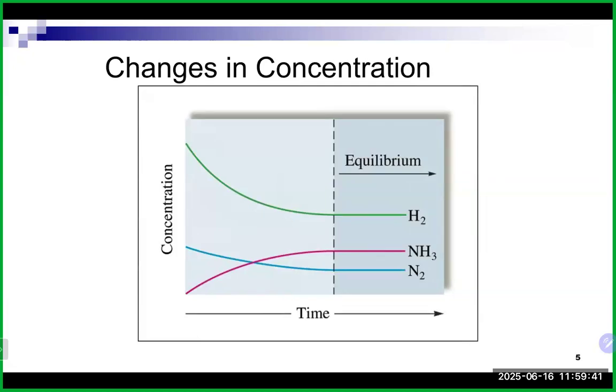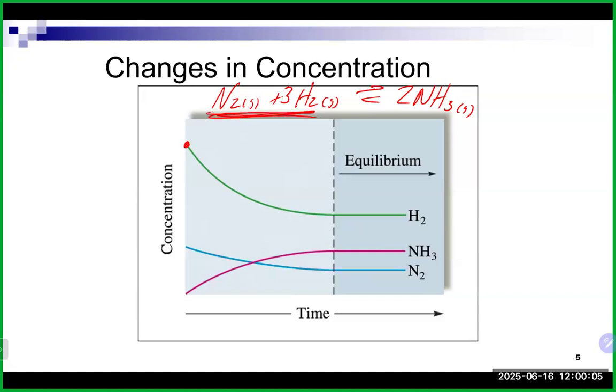So if we look at a reaction here like the formation of ammonia, N2 plus H2 gives NH3. We'll balance it like we're in chemistry class here. There we go. Initially in this reaction, based on the graph that we see, we're starting with only reactants.